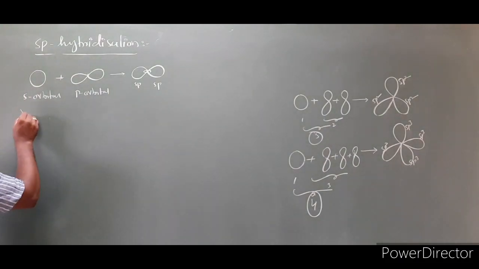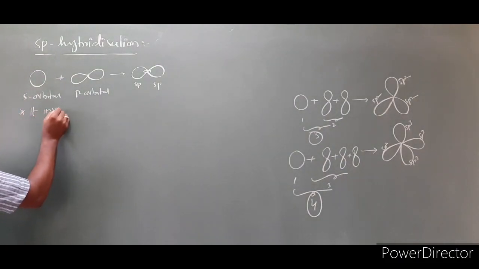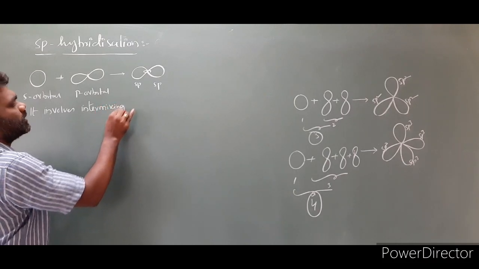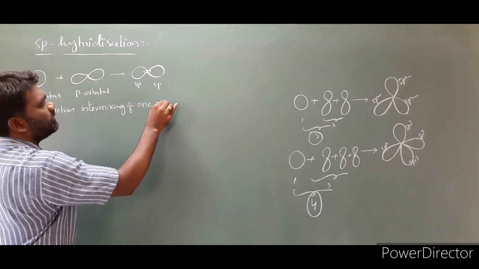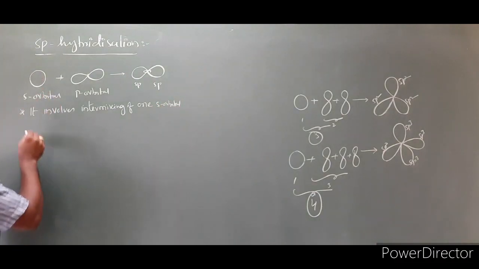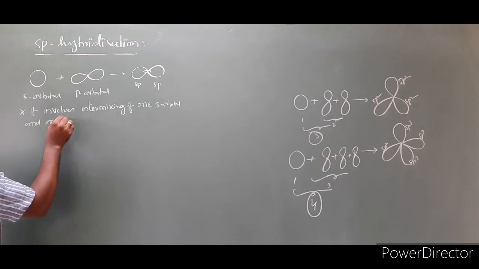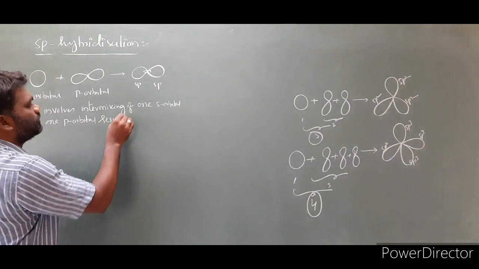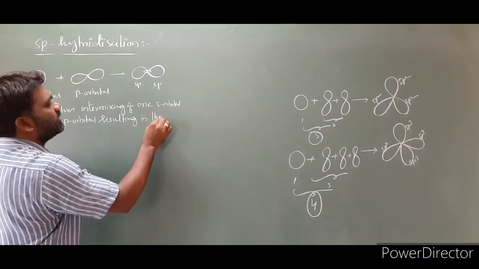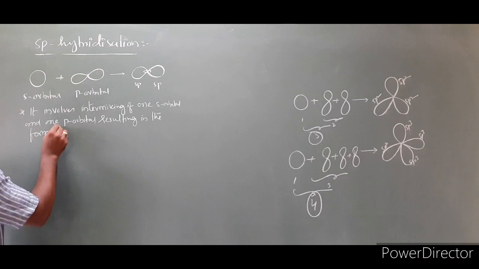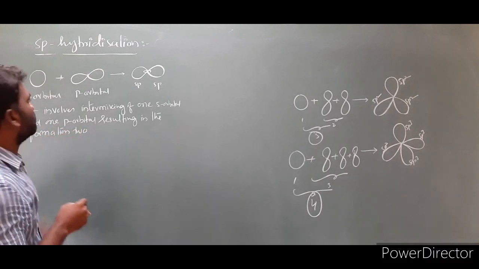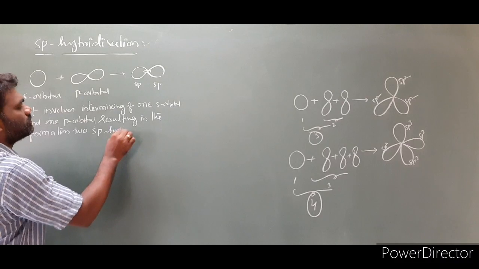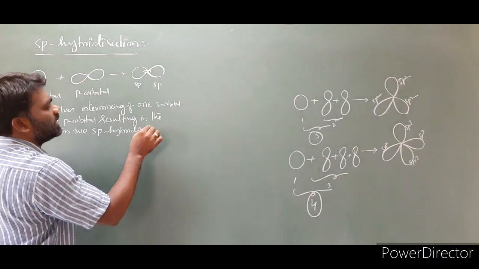Write the same sentence: it involves intermixing of 1 s orbital and 1 p orbital, resulting in the formation of 2 sp hybrid orbitals.